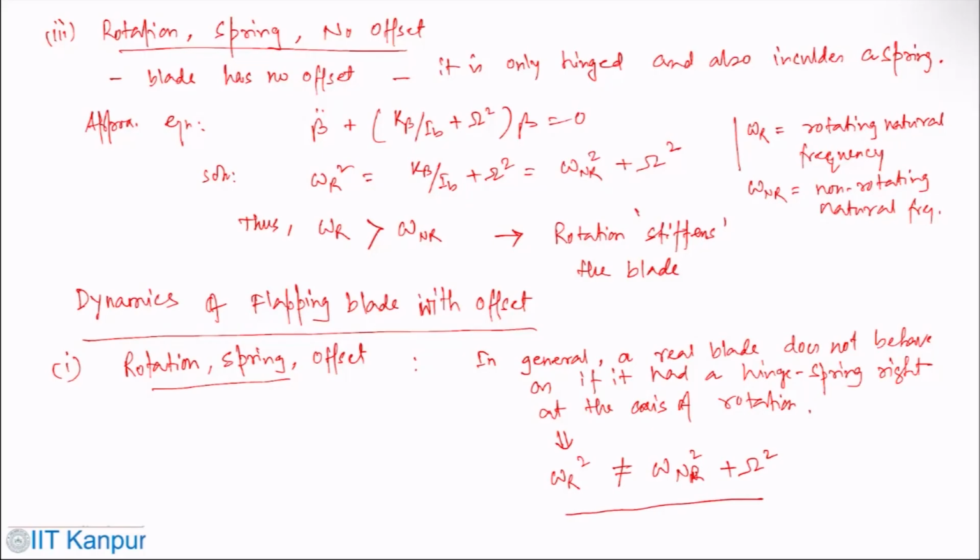So now, to correctly model blade motion and the blade dynamics, which are represented by both omega r and omega nr, we need to properly describe the expression for that. So how can we achieve the same?